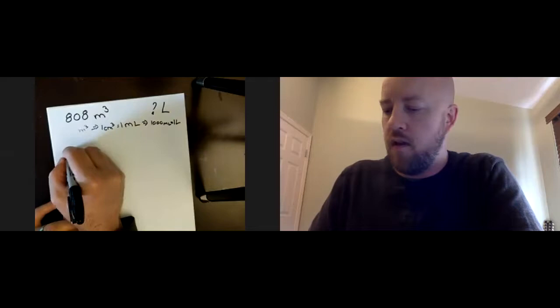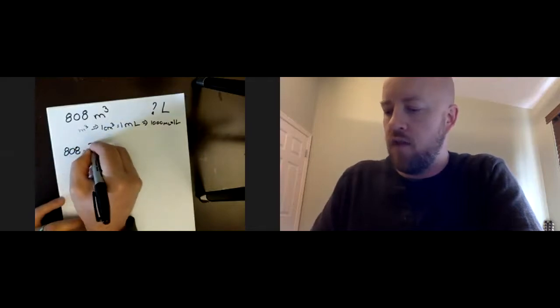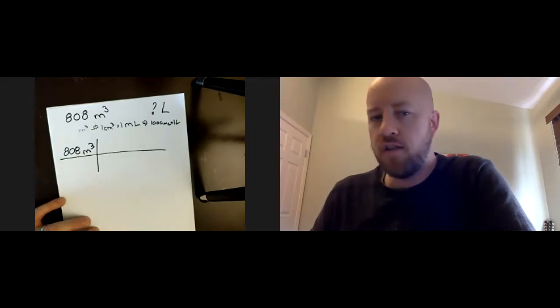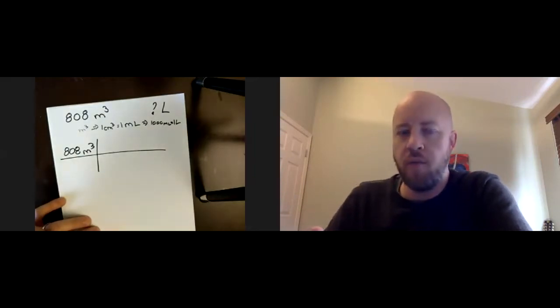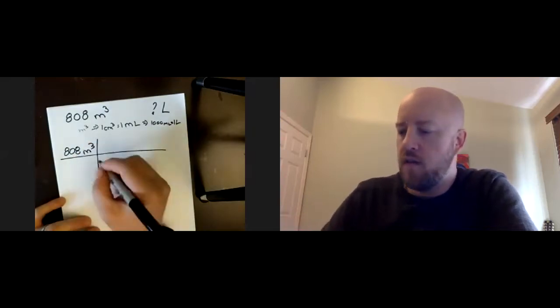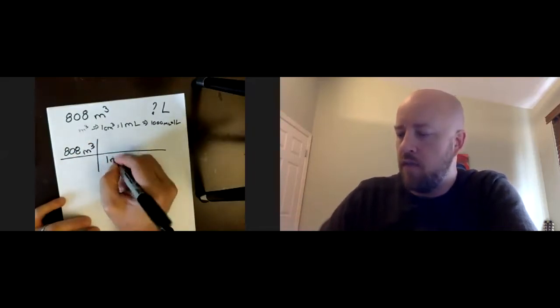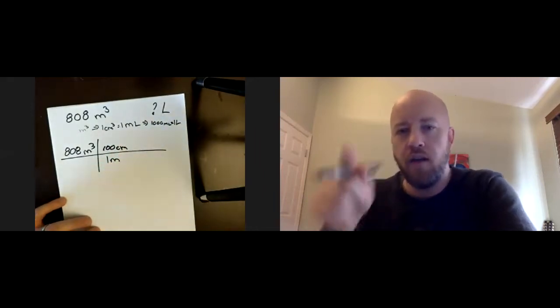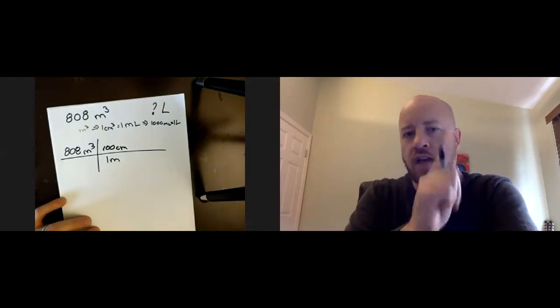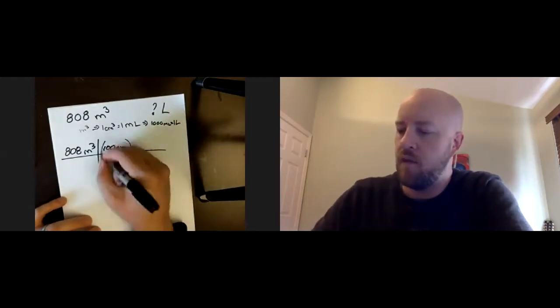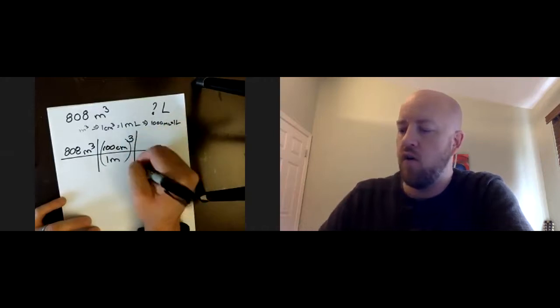So I'm going to do 808 meters cubed. When we work with cubic units, we would generally have memorized the metric system units. So in 1 meter, there are 100 centimeters. Now this is a linear unit, but if I take length, width, and height, and all the metrics are the same for the metric system, we just cube the whole conversion.